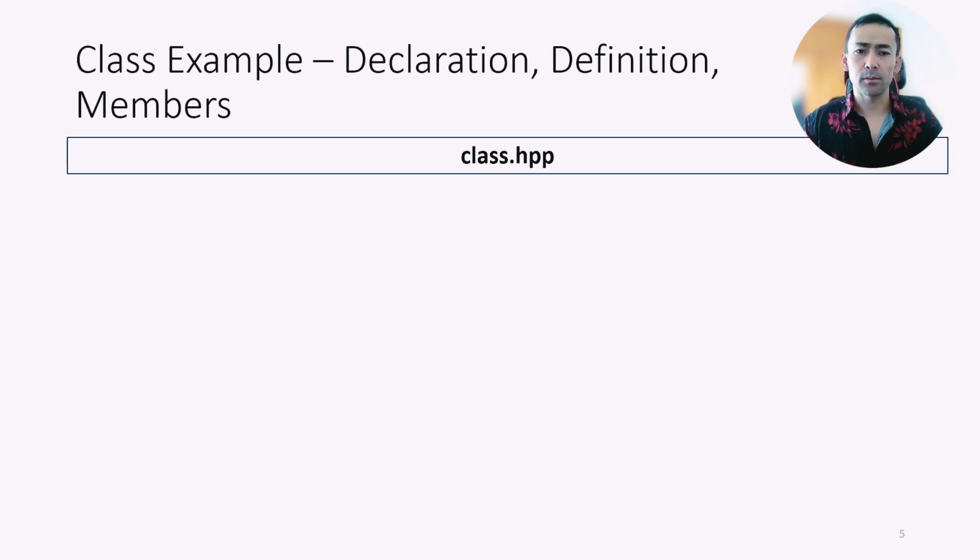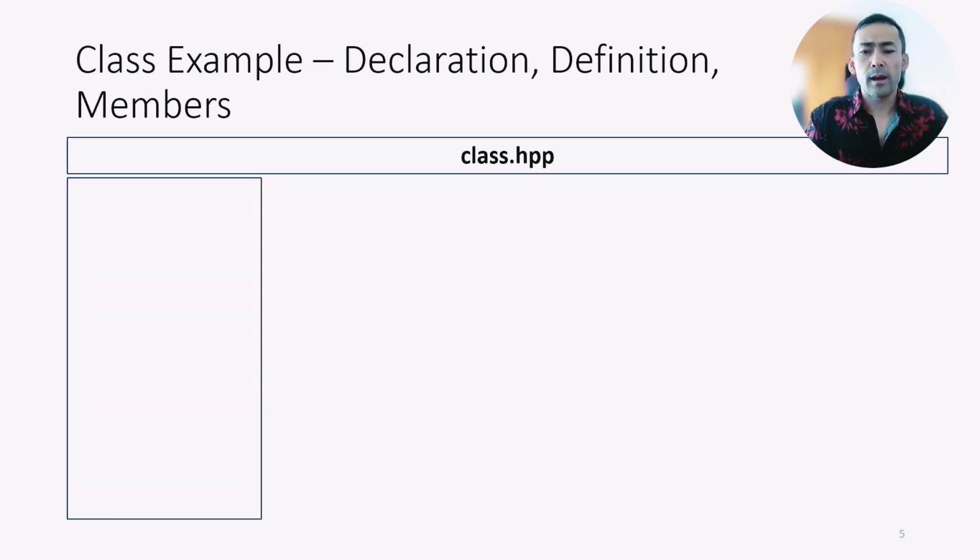Let's do examples of how we declare and define classes and how we can declare members, both variables and functions. We may have header files, for example, class.hpp. There we include fstream, we include cmath, and then we use namespace std to make things easier.